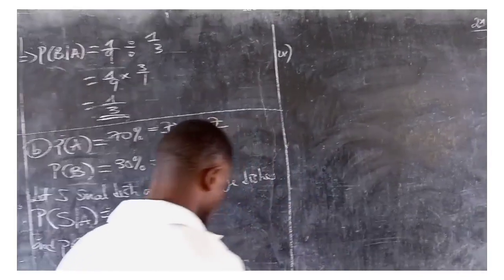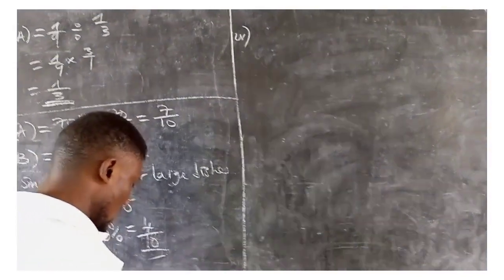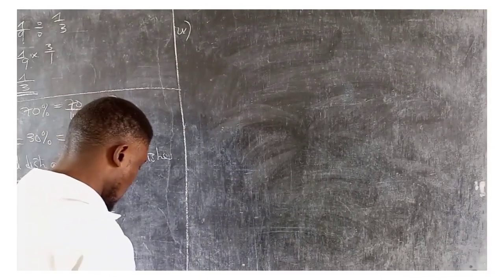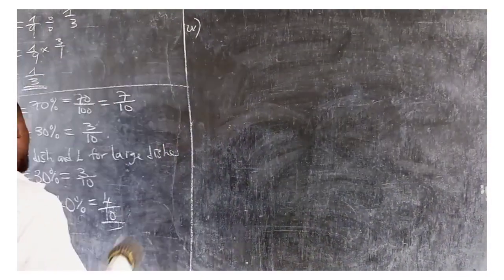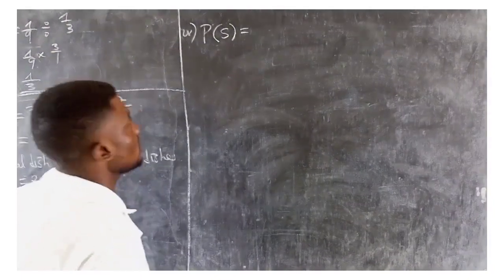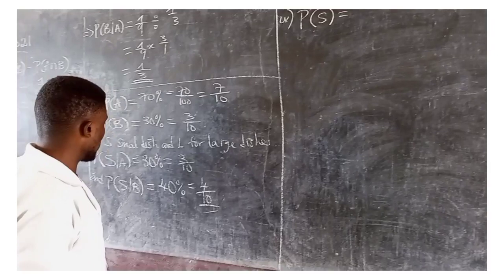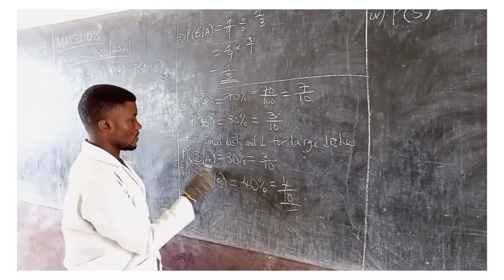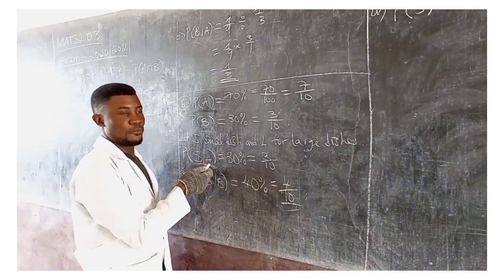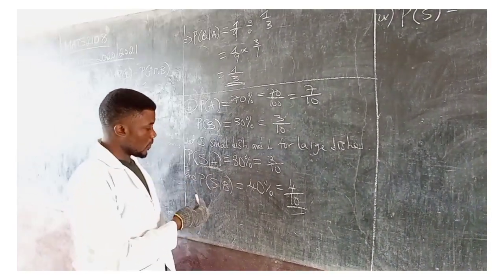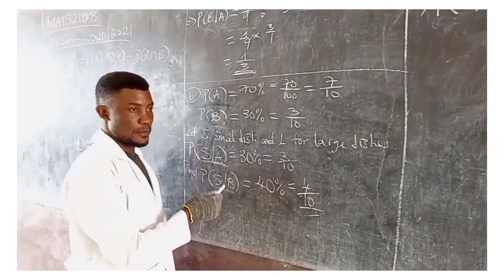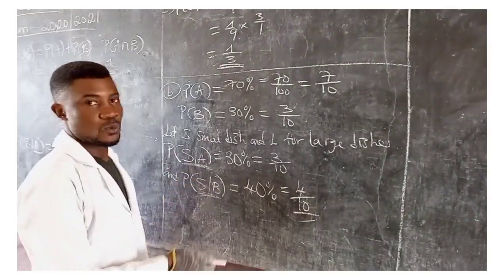The question now says, Roman 4: find the probability that a dish chosen at random will be of small size. So we're saying that the probability of a small size dish is equal to what? It is either going to be a small size dish containing food of type A, or it's going to be a small size dish containing food of type B. So we take the two.